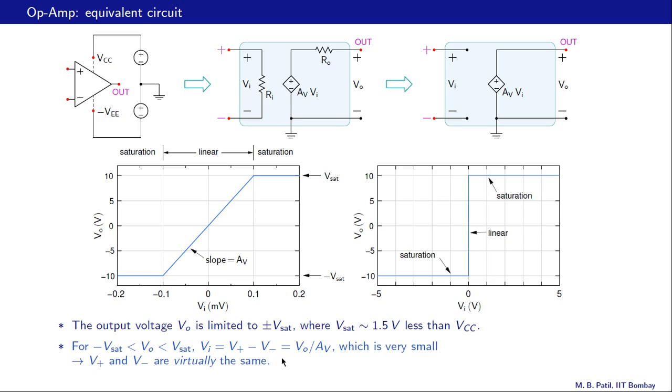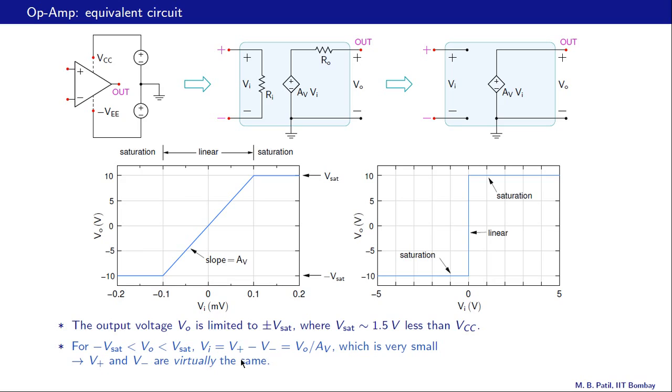And that brings us to a very important point. For minus VSAT less than VO less than VSAT, that is this range here, VI, which is V plus minus V minus, is VO divided by AV, and because AV is such a large number, VI is very small, and we have already seen that VI is in the range minus 0.1 millivolt to plus 0.1 millivolt.